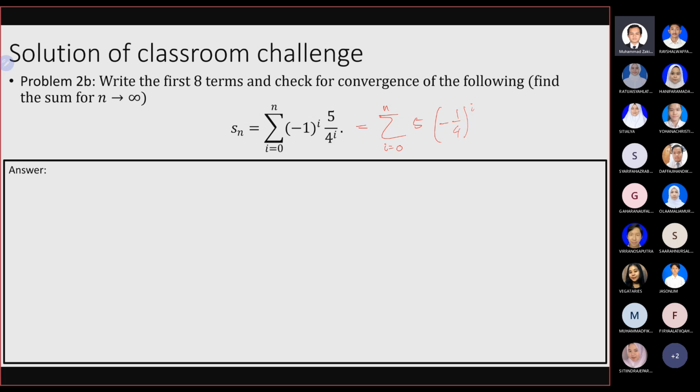So basically S0, since i goes from 0, we have S0 is 5, and S1 is 5 plus 5 times minus 1/4, which is equal to 5 minus 5/4, which is equal to 4 times 5 is 20, so 15/4.